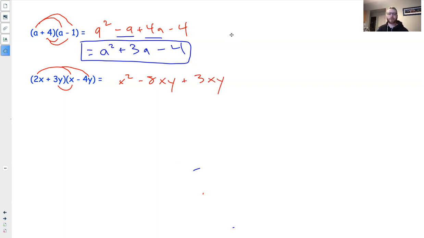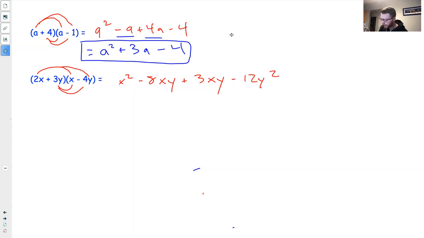I'm just going to write those in the same order. It's going to allow me to identify our like terms a little bit better. And then lastly, we have 3y multiplied by -4y, giving me -12y squared.